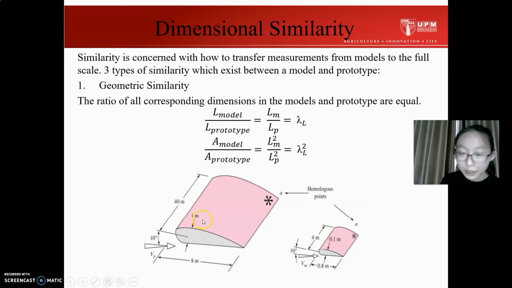The 10 meter is equal to 1 meter. The 8 meter is equal to 0.8 meter. So the ratio of the corresponding dimensions in the model and the prototype are equal.